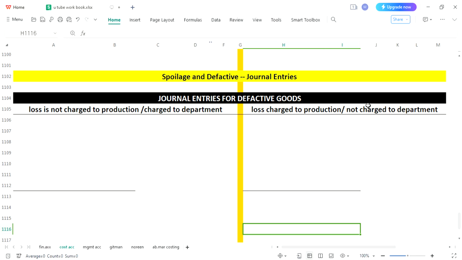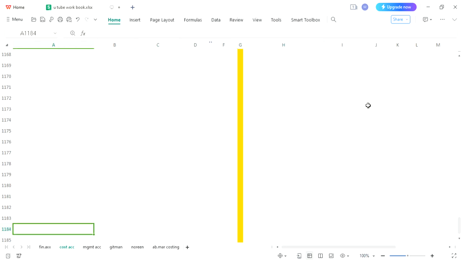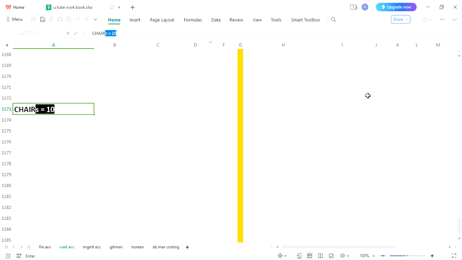Just opposite to this, defective is different. Defective loss is a different type of loss. Again, the same thing we will discuss to understand it. Suppose you have a manufacturing concern and you are manufacturing chairs. Your total chairs which you were trying to manufacture are 10, and during the process, let's say one chair is damaged.